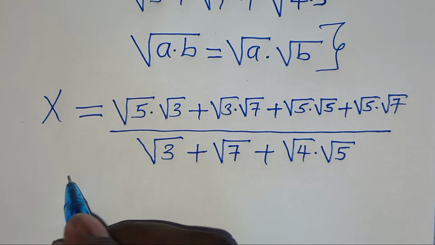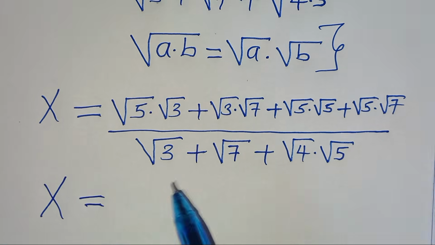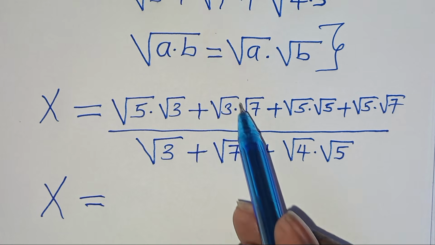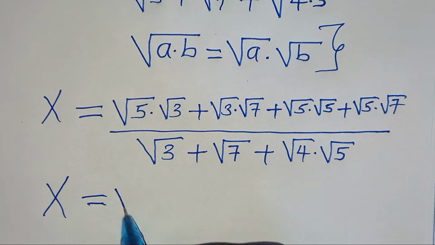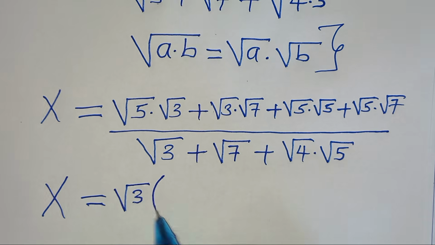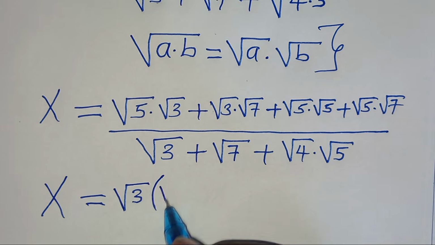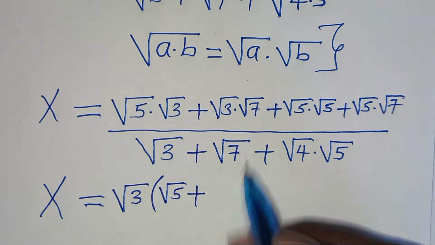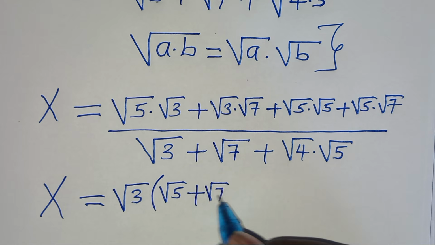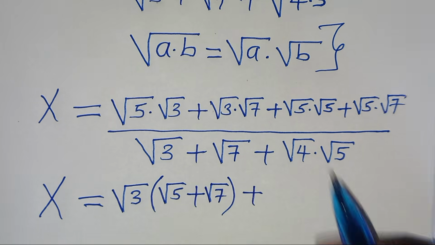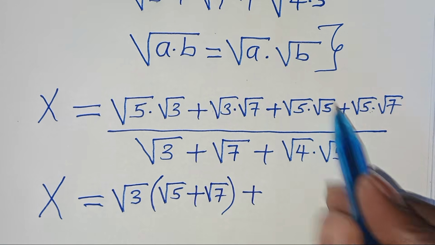Okay, now we have x is equal to, from the first part here, the square root of 3 is common. Let's factor out the square root of 3. Into the parentheses, we have the square root of 5 plus the square root of 7, plus, in the second part here, the square root of 5 is common.